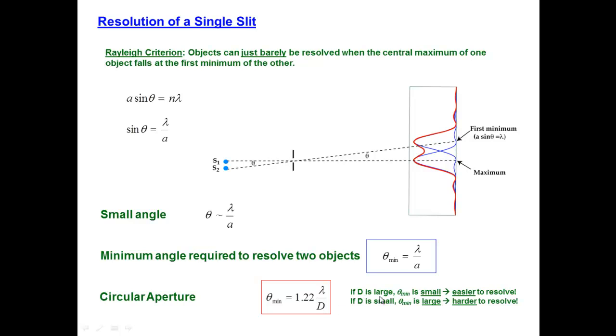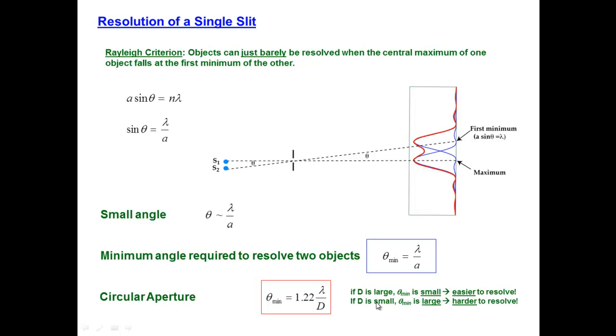So think about this equation. If d is large, then theta min is small. And what that means is if theta min is small, you can be far away and still resolve those objects. Because as you get far away, the angle of separation is small, right? So if theta min is small, it makes the objects easier to resolve.